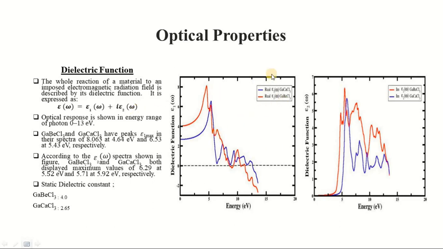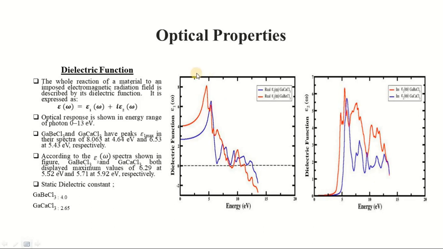Now looking at the graph, the optical response is shown in the energy range of 0 to 13 electron volt. For GaBeCl3, the real dielectric constant maximum peak is observed at 8.06, having energy 4.64 electron volt. While for GaCaCl3, the maximum peak is observed at 6.53 and having an energy of 5.43 electron volt respectively.